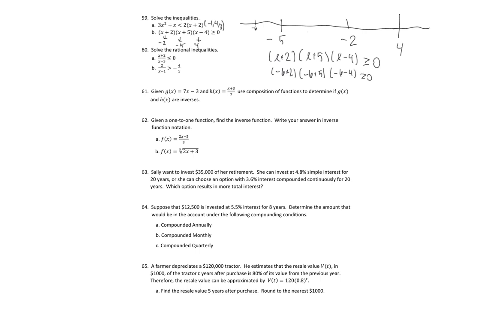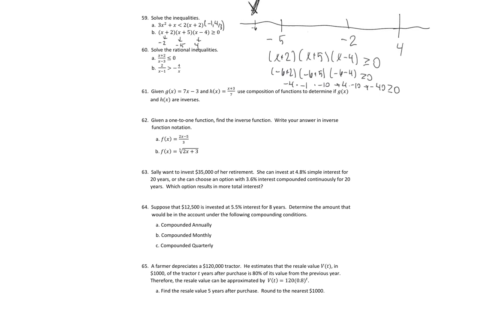Negative 6 plus 2 is negative 4, times negative 1, times negative 10. Negative 4 times negative 1 is positive 4, which gives us negative 40, and that is not greater than or equal to 0, so I'm not going to include that section.